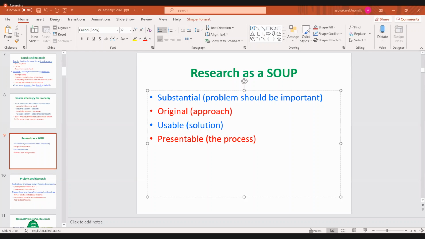Another example of this delay in usability is the discovery of what we call the AIDS virus. The AIDS virus was also discovered by scientists long ago. Actually, when people noticed that this AIDS virus is in the human body, it happened long after.